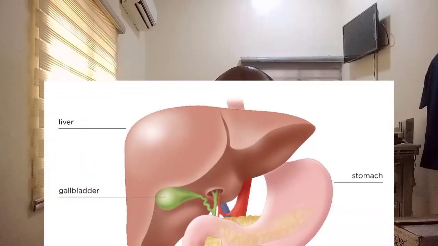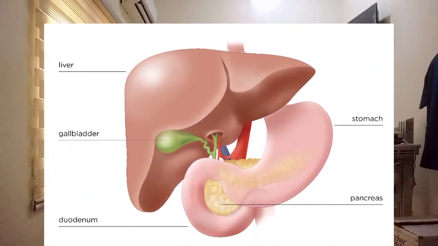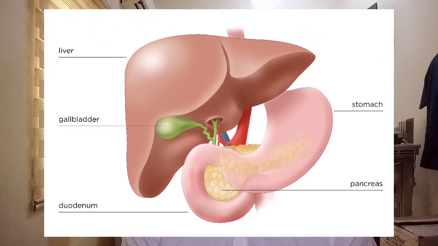Anterior to the head is the pyloric portion of the stomach. The gastroduodenal artery denotes the anterolateral border of the head, while the common bile duct marks the posterolateral border of the head.